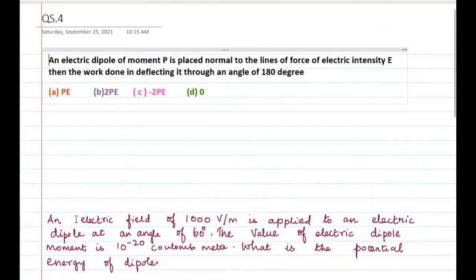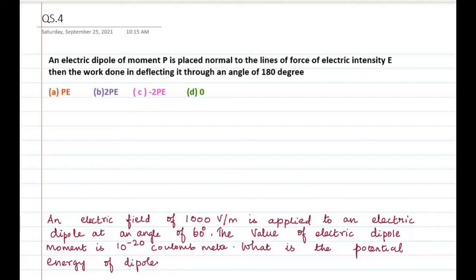Now, an electric dipole moment P is placed normal to the lines of force of electric intensity E. Then the work done in deflecting it through an angle of 180 degrees.